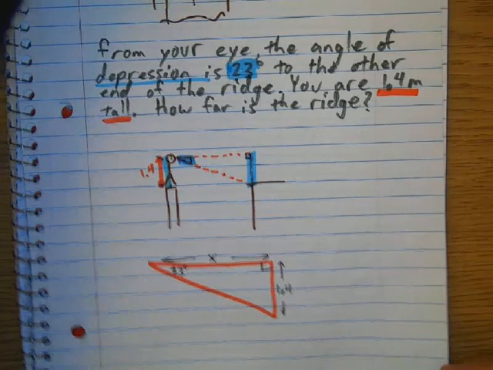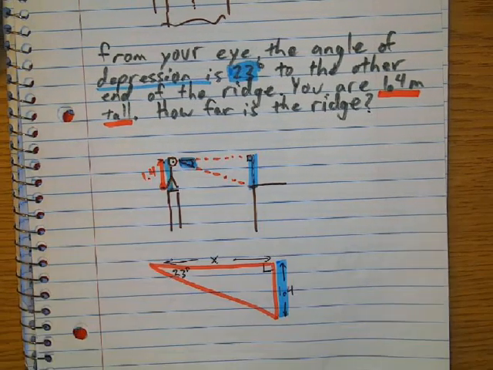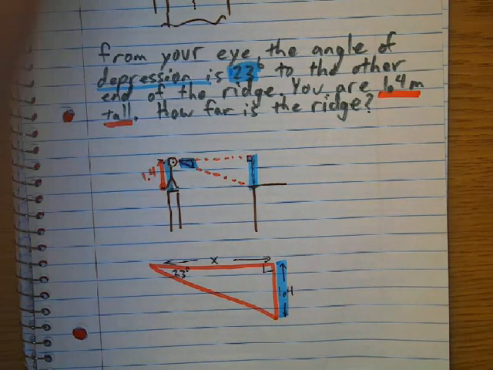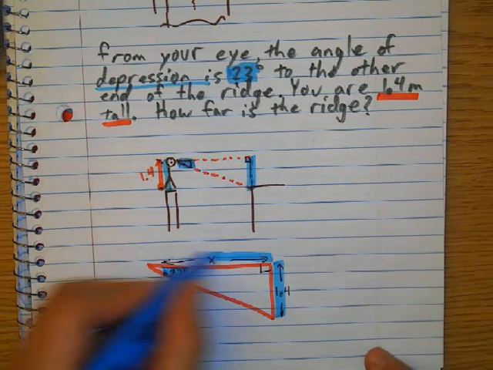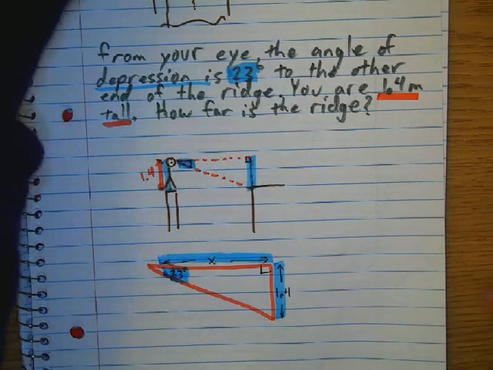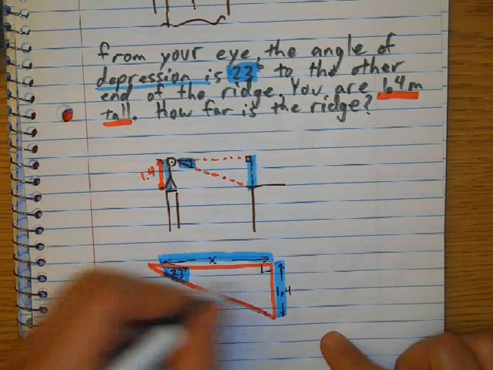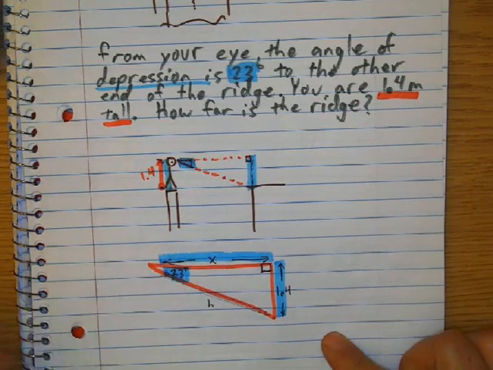We know this measurement here is 1.4 meters tall, this angle here is 23 degrees, and we're trying to find this one here. Here we've got our 90-degree angle, so we don't need the hypotenuse.